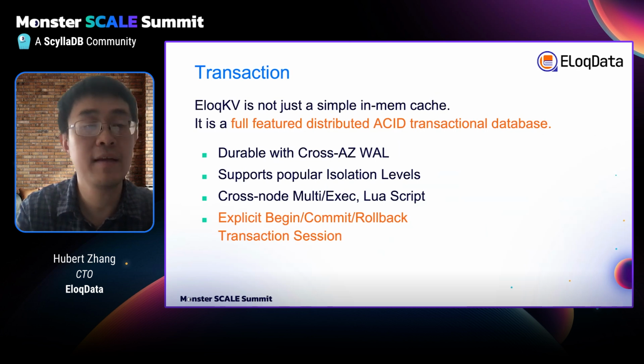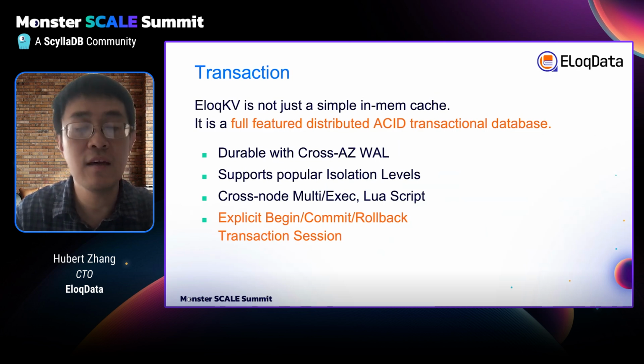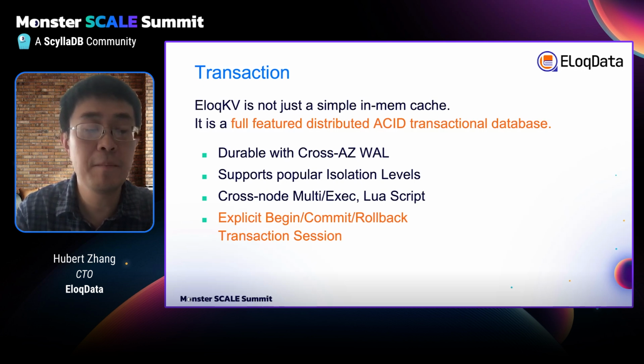The next topic is transaction. EloqKV is not only a cache, but a fully ACID transaction database. It achieves durability by using a write-ahead log, and the WAL is cross-AZ. It supports different isolation levels, from repeatable read to read committed, and so on.